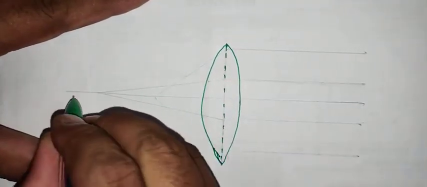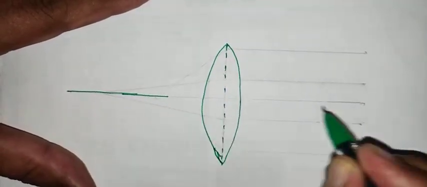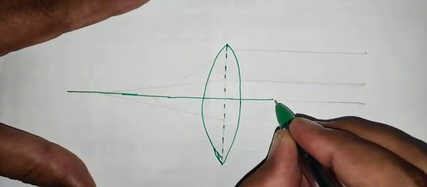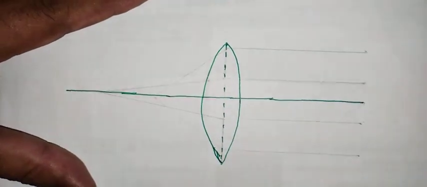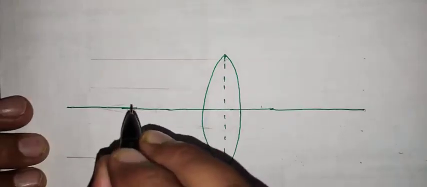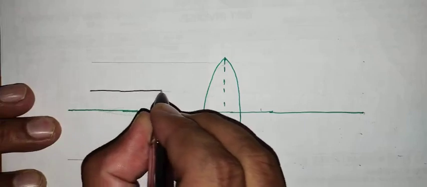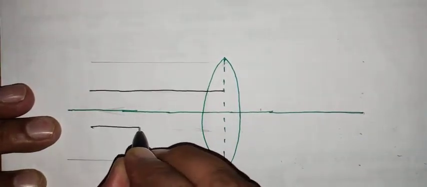In this convex lens, consider a principal axis. Consider a parallel ray of light falling on convex lens.